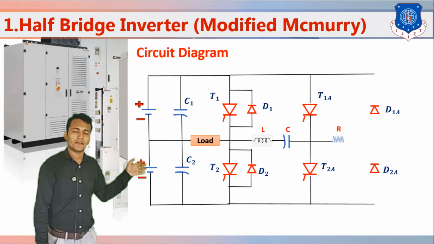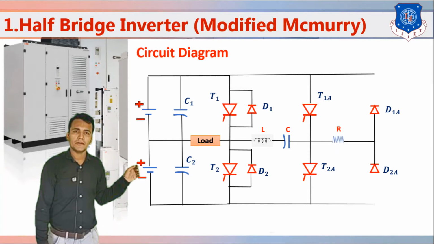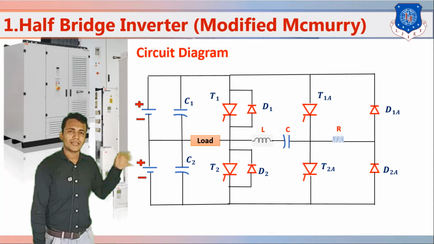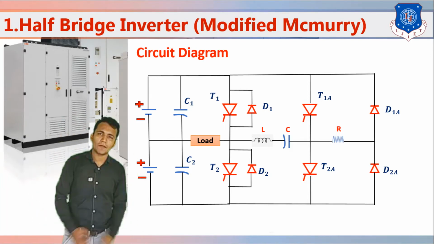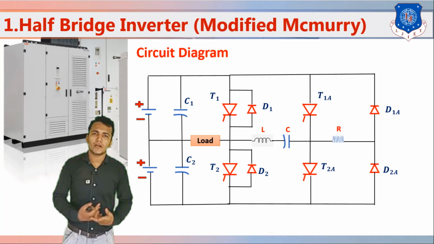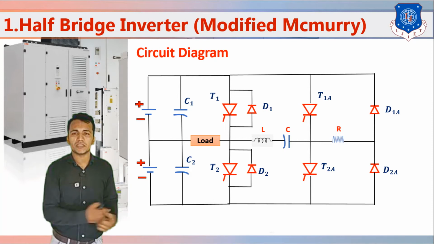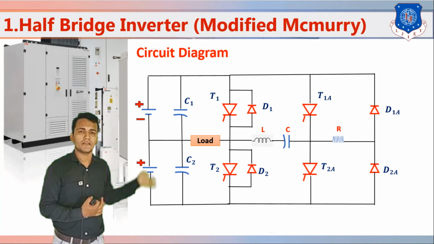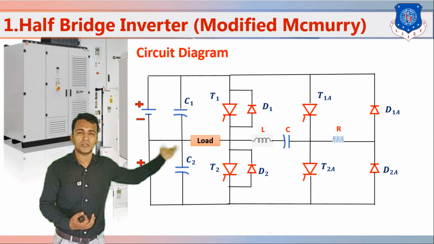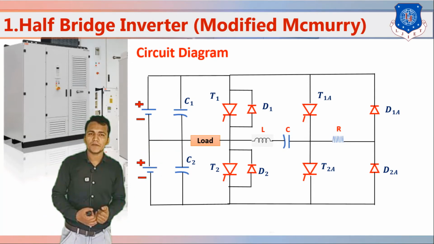Also here we connect the resistor R in this way. So that is the actual circuit diagram of the half bridge inverter. It is also called a modified McMurray inverter, because we use auxiliary thyristors T1A, T2A, and diodes D1A and D2A.